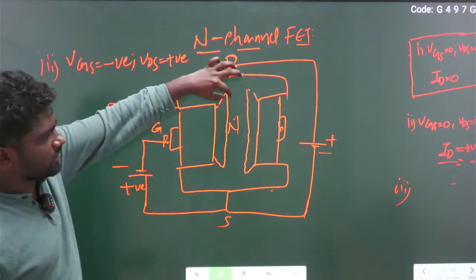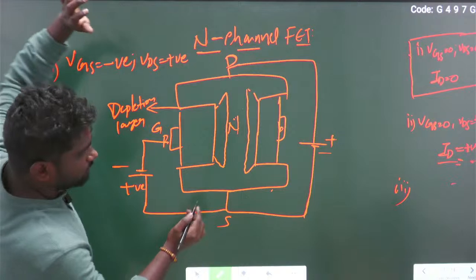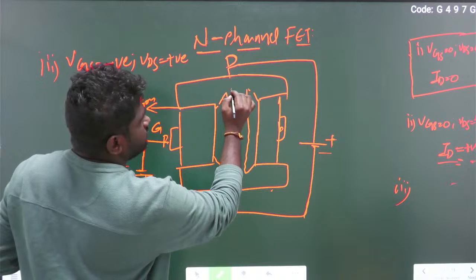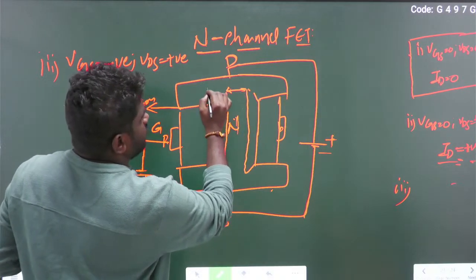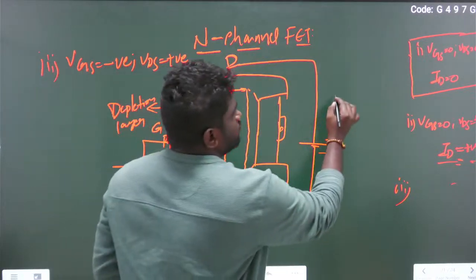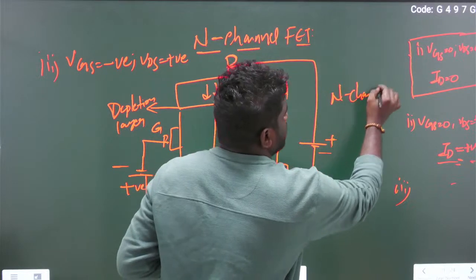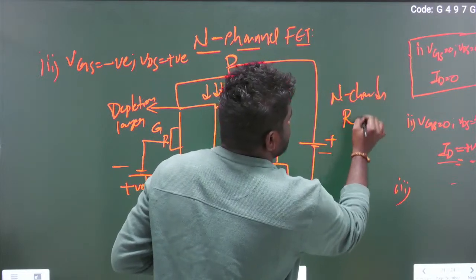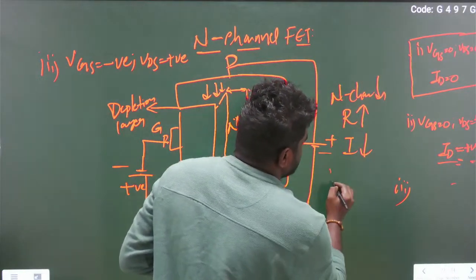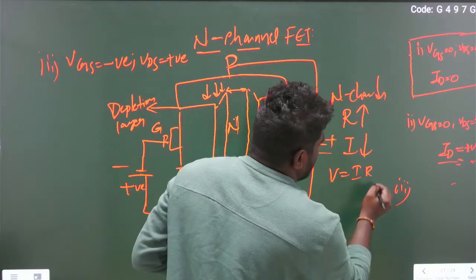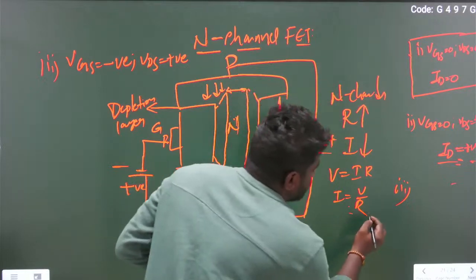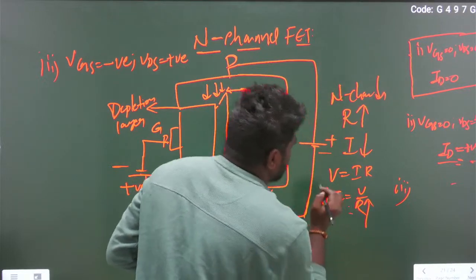So by seeing this depletion layer, the width of the channel is decreasing. This is the N channel, so the width of the channel is decreasing. Whenever the N channel is decreasing, resistance increases, so the current will decrease, because we know Ohm's law, V equal to IR, so I equal to V by R. Whenever R increases, the current will decrease.